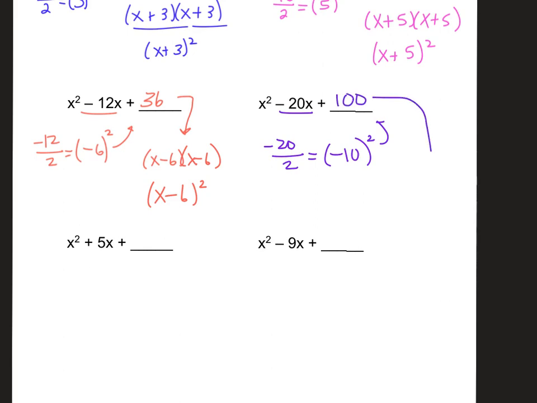Now this factors. Did you guys notice at all that when you take your b over 2 and you square it, this number right here is always the number that ends up inside your parentheses? And I know I'm going to have 2 of them, so I'm just going to go ahead and put a squared. But did you guys notice that yet? Look at this. When we did our b over 2, and we got negative 6, see how the negative 6 ended up down here?